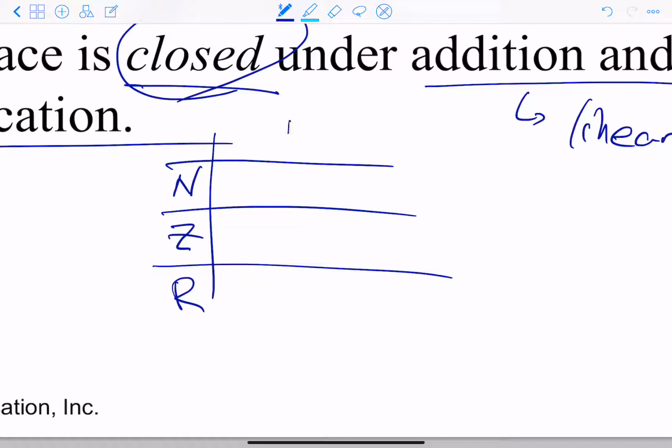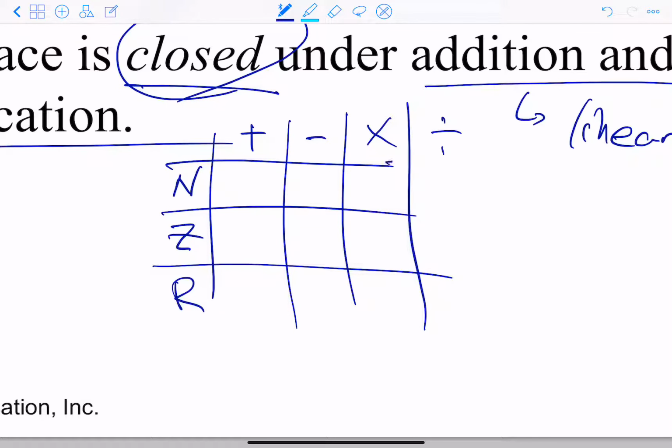We can consider operations on them and ask whether each set is closed under these operations.